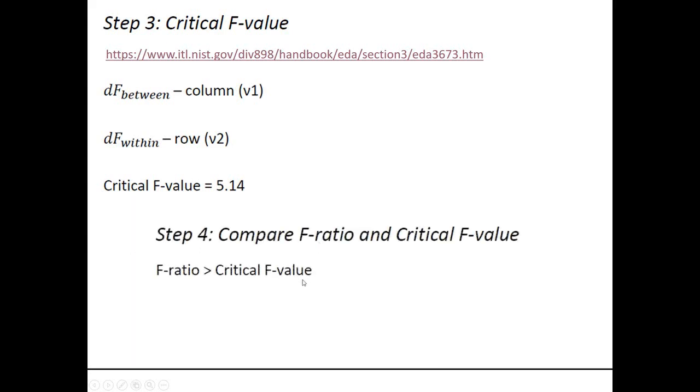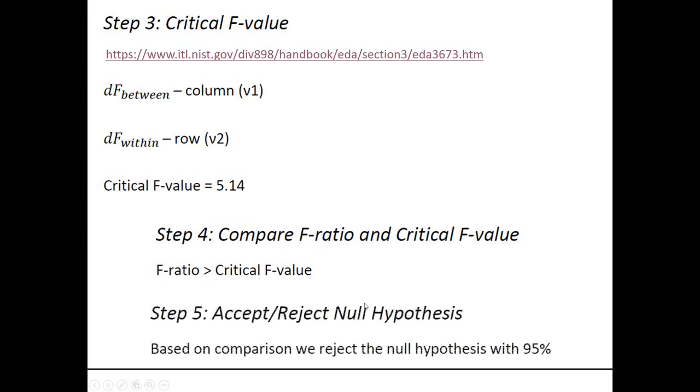After that step, we will compare the F ratio to the critical value. The F ratio in that case was larger than the F critical value. Therefore, based on the comparison, we reject the null hypothesis with 95 percentile confidence, suggesting that there are differences between groups.